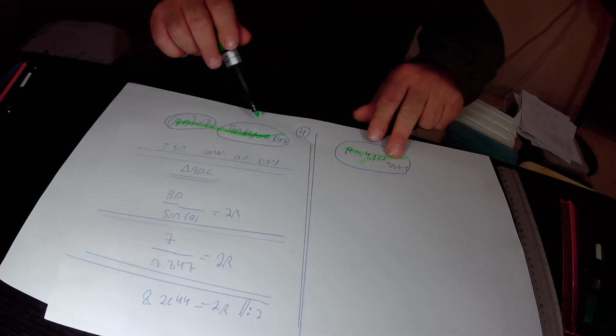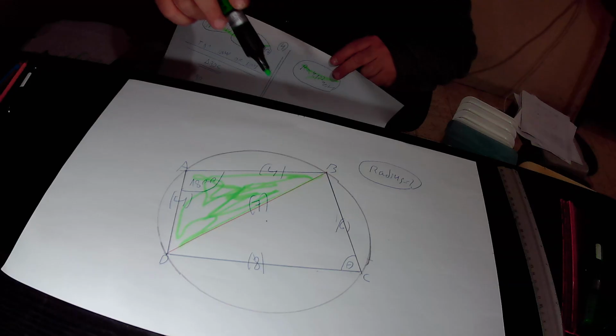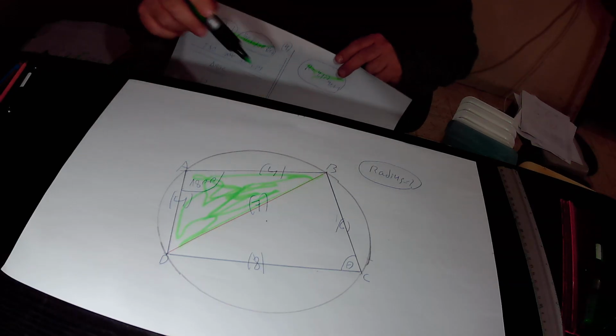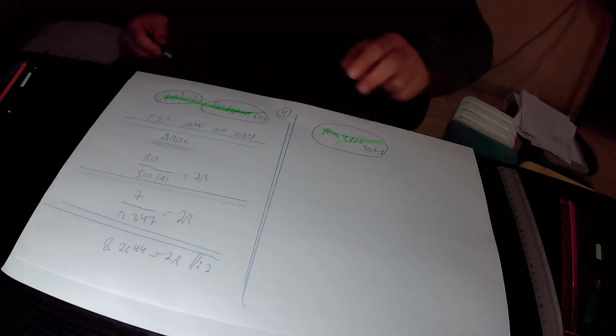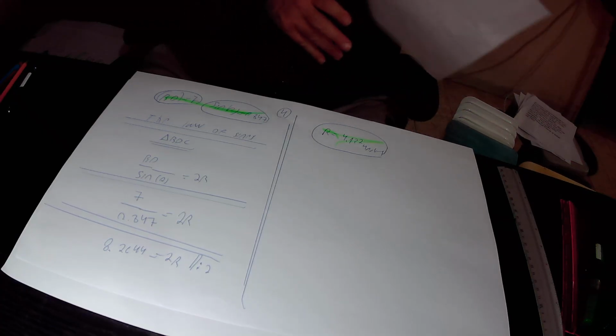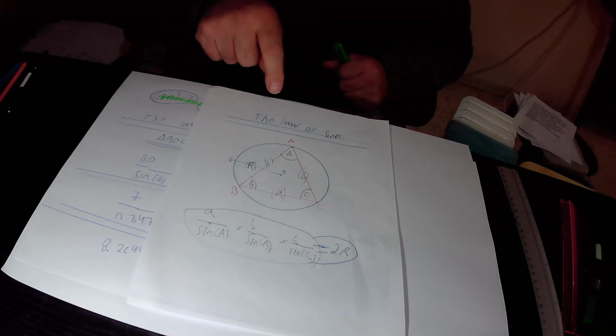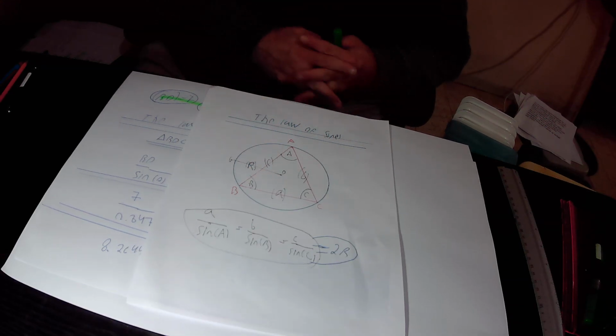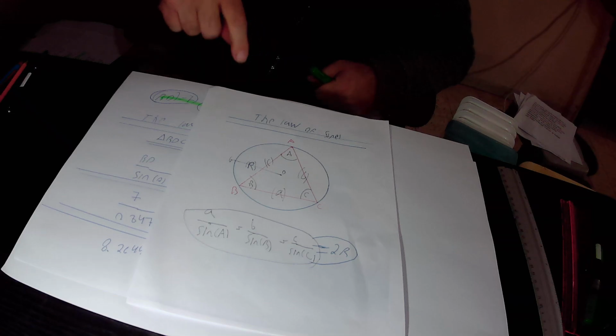In the next step, we applied the law of sines on the triangle BDC. So let's review the law of sines. This is a triangle ABC that could be any triangle, and it is inscribed in this circle.